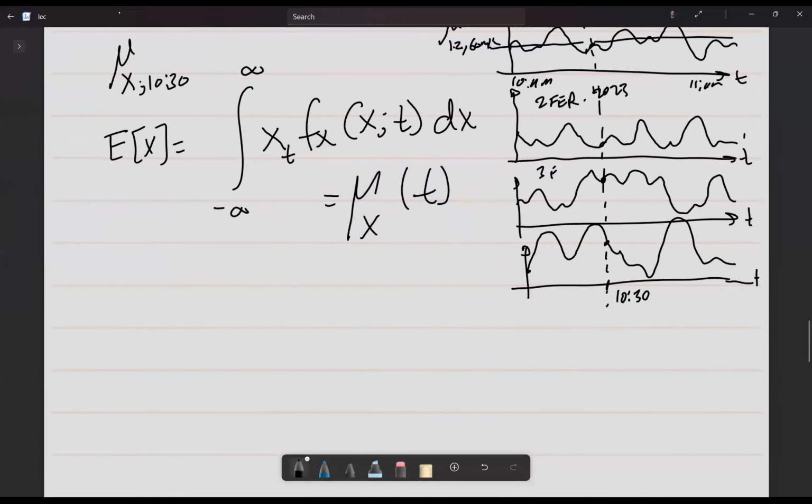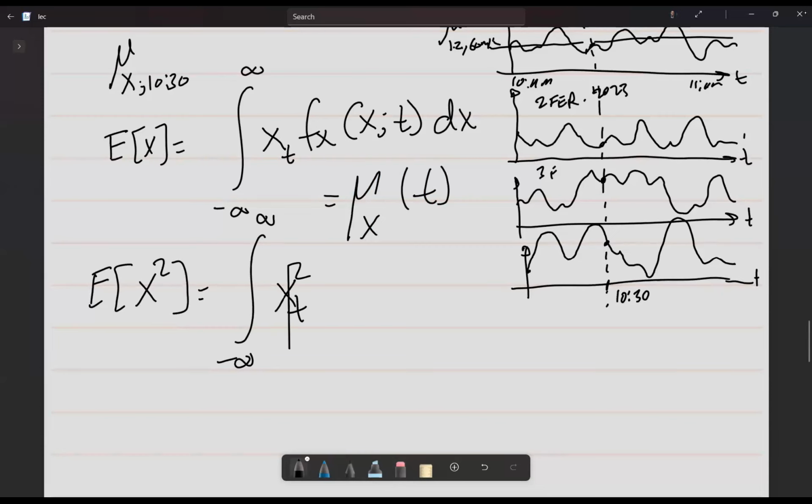The same thing you can obtain if you talk about the covariance, for example. If you want to compute the expected value of the power of this wave, or x squared, this will be the integration of x(t) squared, f_X(x, t) dx.